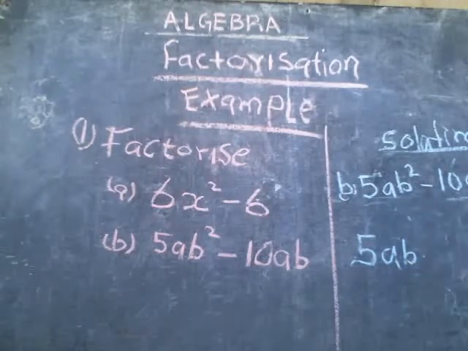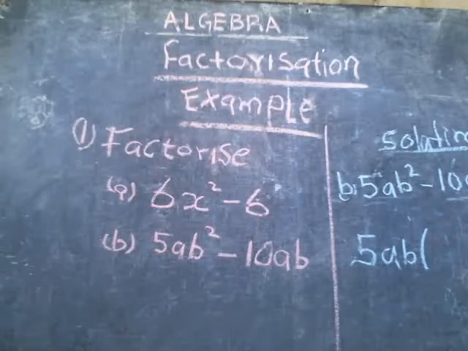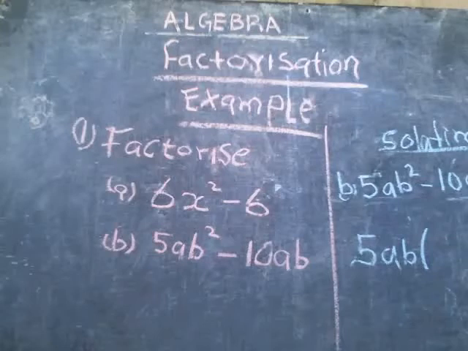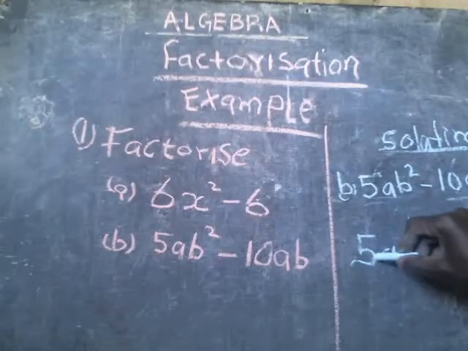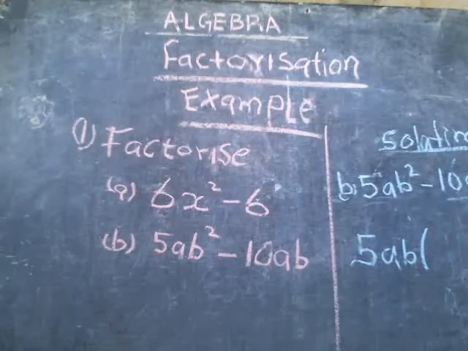So we've written down that. You've written down what is common. You open your brackets. So how many times does 5 go into 5? We see that 5 goes there once. So we're not going to write down the 1.